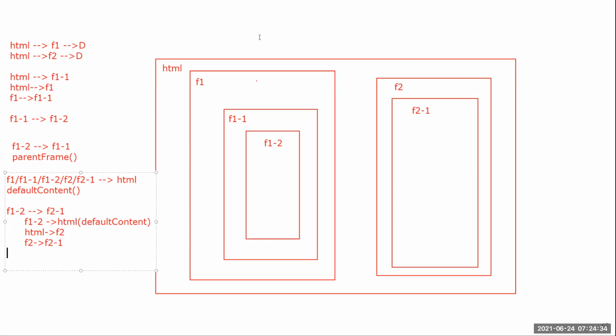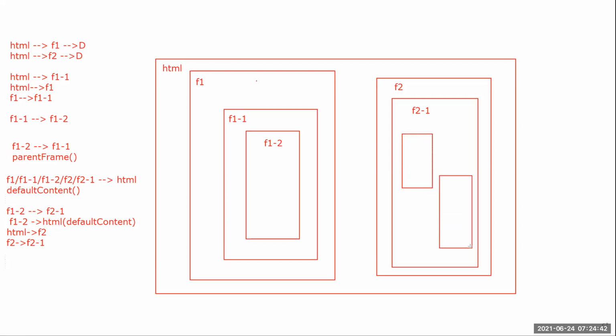Okay. And there is one more small scenario. This is 211. It is F212. That means these both are inside F21 only directly.